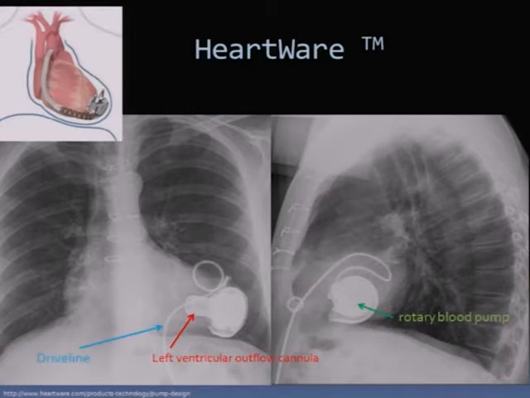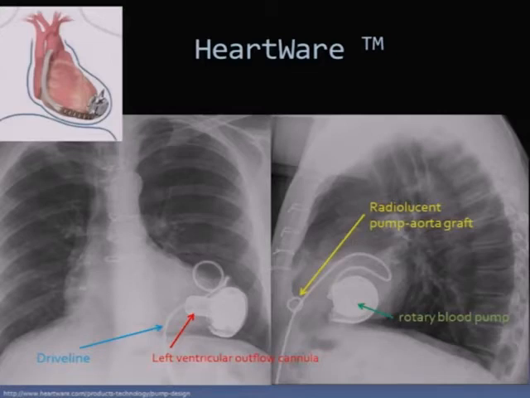There is a drive line which supplies this device with power, and the radiolucent pump aortograft connection has a connecting piece, which is a constraining release device between the ring depicted in the yellow area and the rotary pump. And the anastomosis is again to the distal ascending aorta.